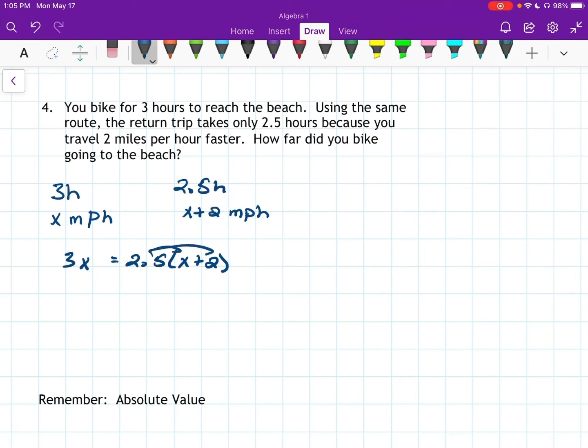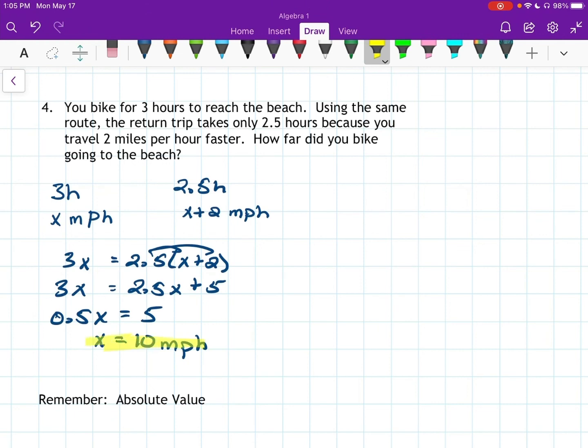Distributing this 2.5, we'd get 3x equals 2.5x plus 5. And then we'd have 0.5x equals 5 and x equals 10. So it's 10 miles per hour.